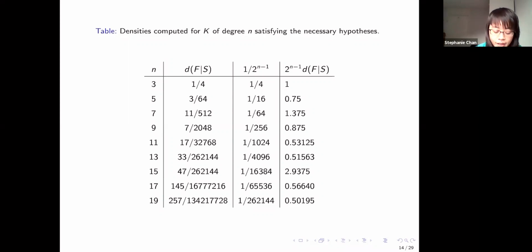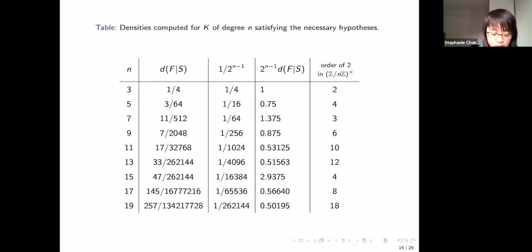Then you might have thought, oh, maybe 1 over 2 to the n-1 could be a formula. But if you look at higher degrees, this ratio isn't constant. It's usually less than 1, but there are also cases where it is greater than 1.